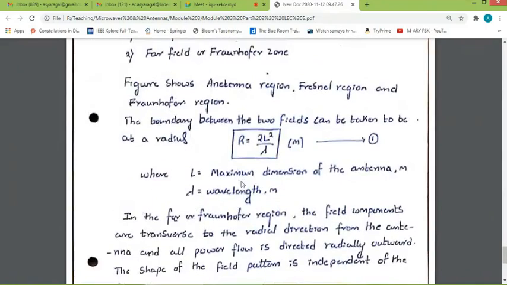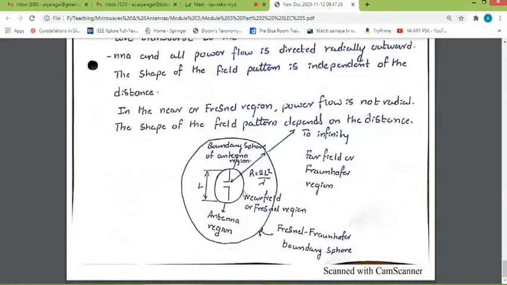The boundary between the inner circle and the outer circle is given by R equal to 2 L square divided by lambda, where L is the length of the antenna and lambda is the wavelength.